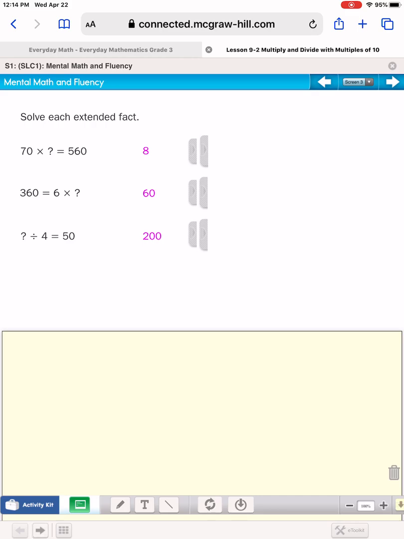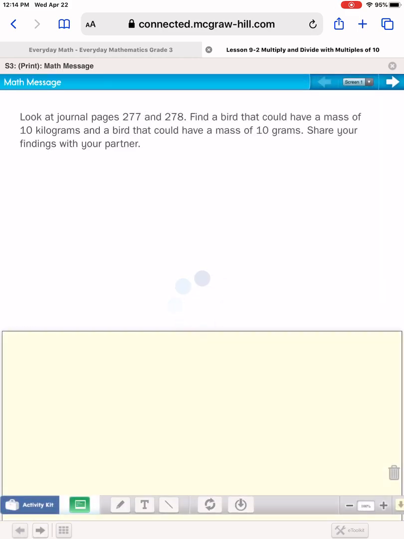All right. I'd like you to go ahead and open your math journals now to pages 277 and 278. You will see that on these 2 pages, they show the masses of various North American birds. Could you find a bird that could have a mass of 10 kilograms?